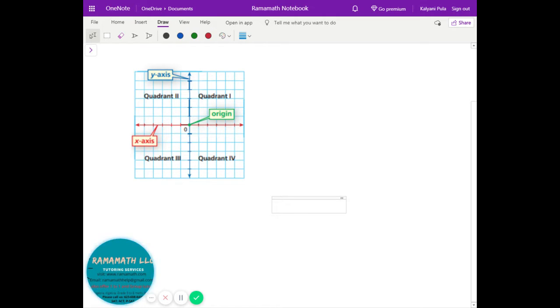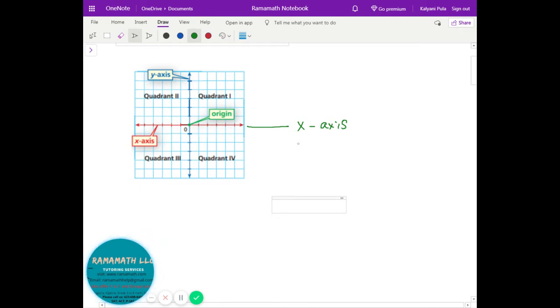What are the other vocabulary that we need to really know? These are called the x-axis and y-axis, together called axes. What's the other name for the x-axis?